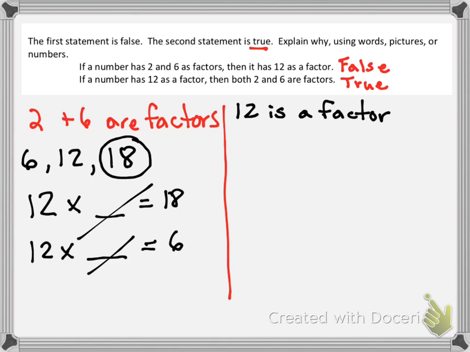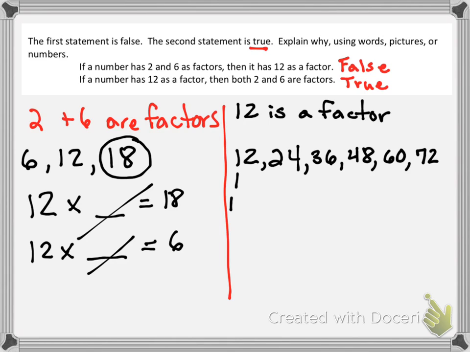So now for the second one we have to prove why it's true. 12 is a factor, and then 2 and 6 are factors. Well, let's count up by 12s. 12, 24, 36, 48, 60, and 72. And they're all products of the factor of 12. So how did we get that?